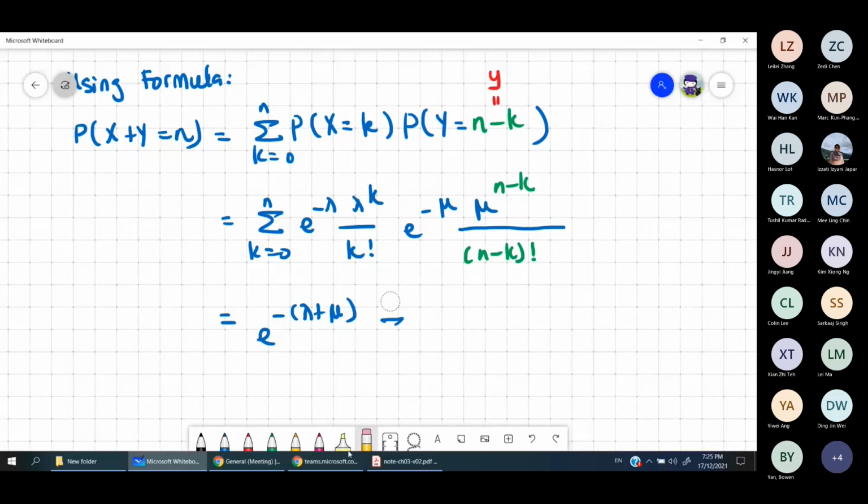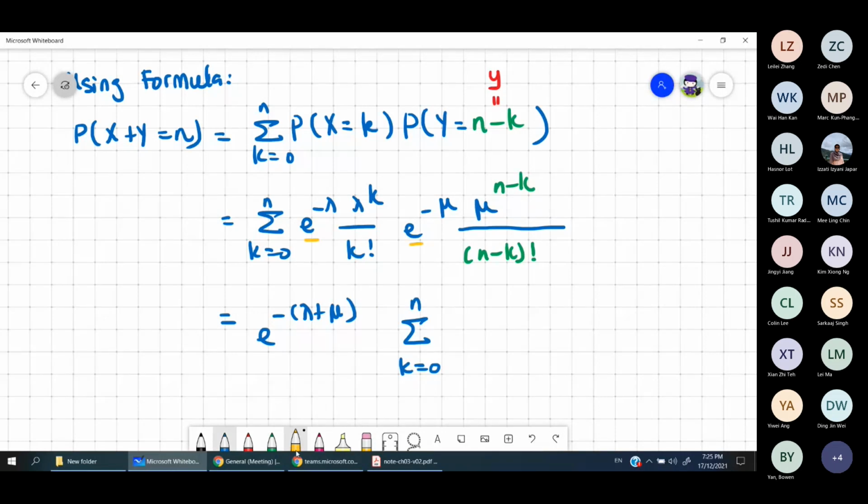I think there's a typo over there. This is a summation for k equals 0. We have taken out these two, so the remaining will be this.